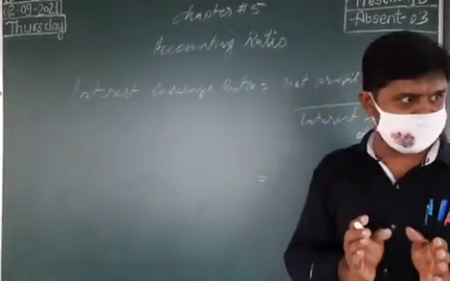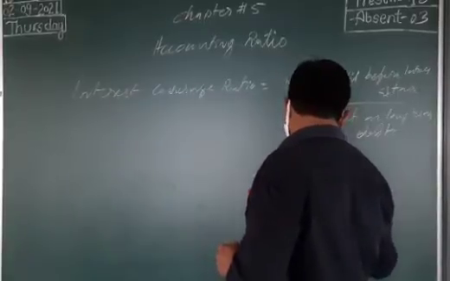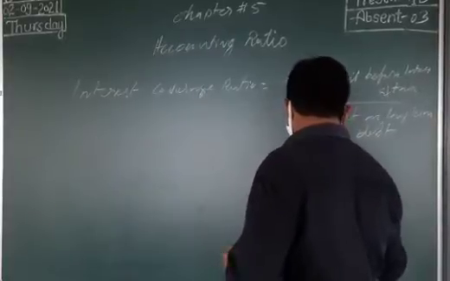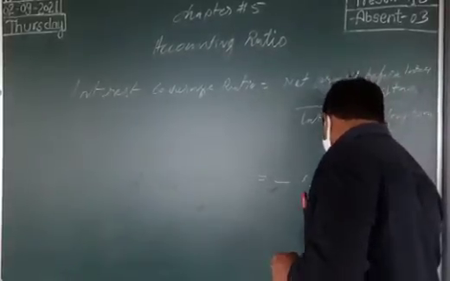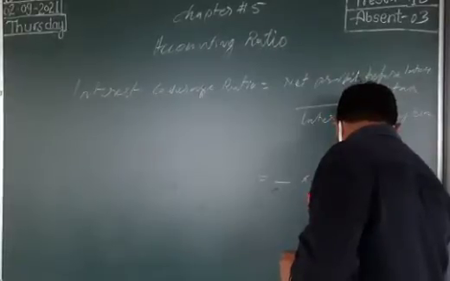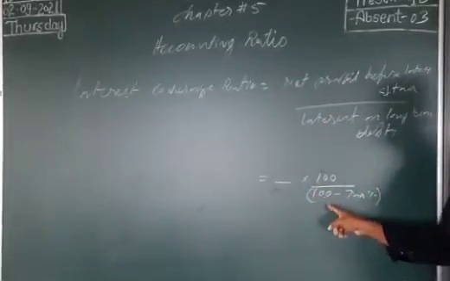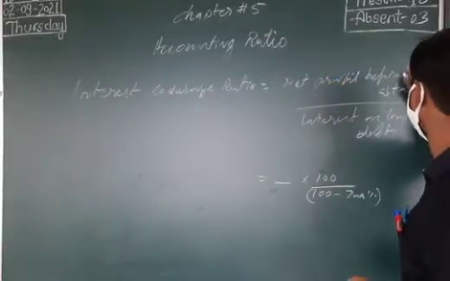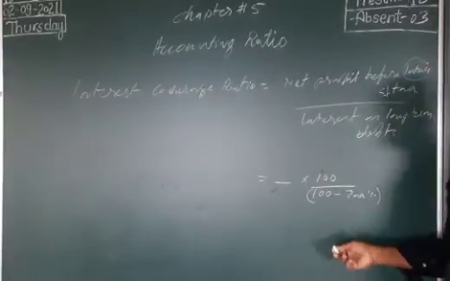That means net profit into 100 upon 100 minus tax rate. The tax rate is the tax percentage. We use this formula to find the net profit before tax. In order to find this, we are using this formula.